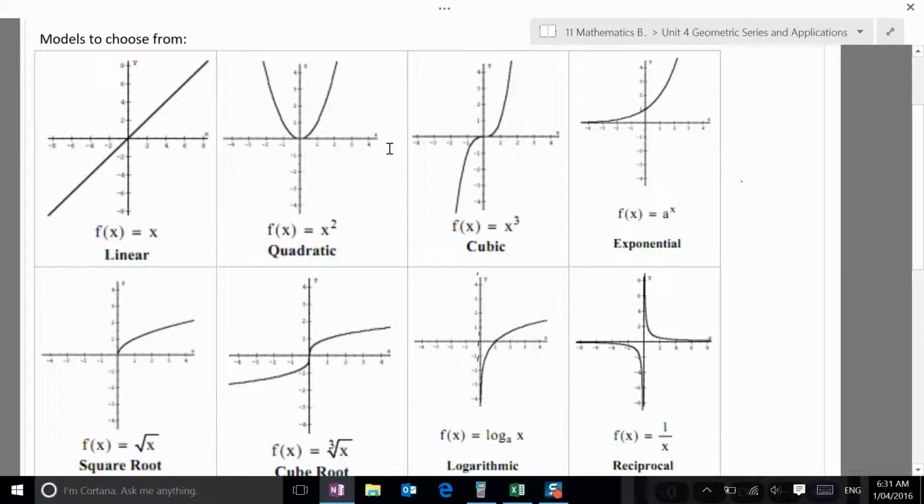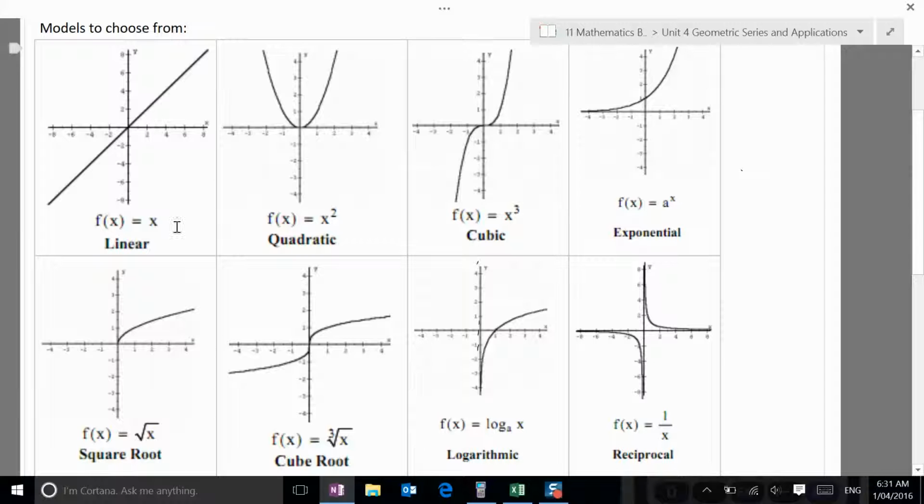Just so that you know all the family of functions that are out there, we've got a linear model. I stole this online. A linear model, y equals mx plus c. Quadratic model, ax squared plus bx plus c. Cubic model, ax cubed plus bx squared plus cx plus d.